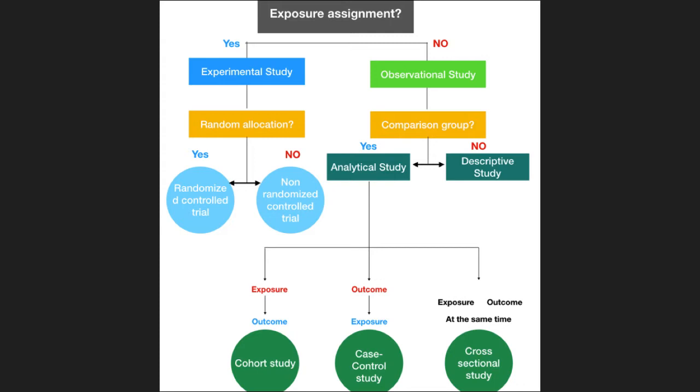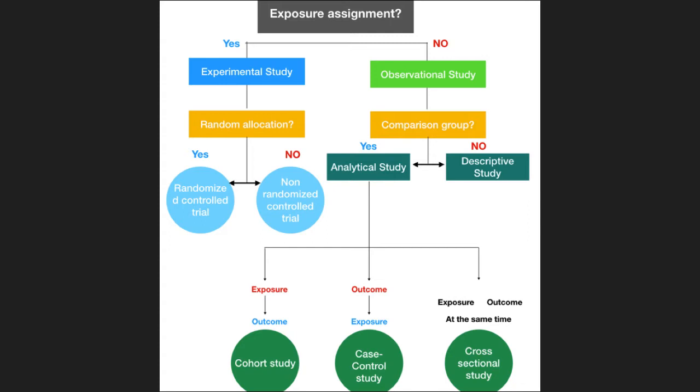If we didn't allocate intervention or there was exposure, not intervention, we call this observational studies. If the observational studies don't have a comparison group, then it is called a descriptive study. If the observational studies have a comparison group, we call it analytical studies.